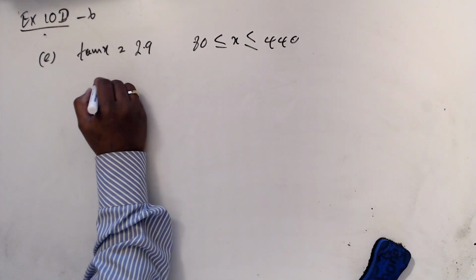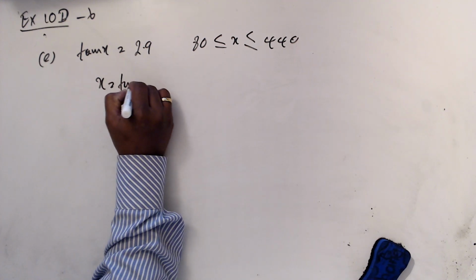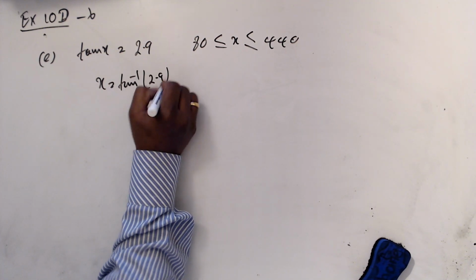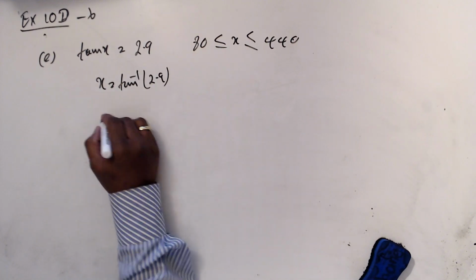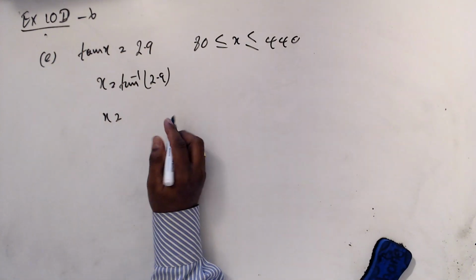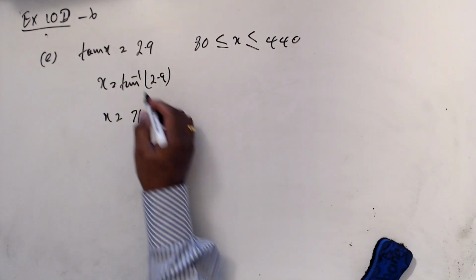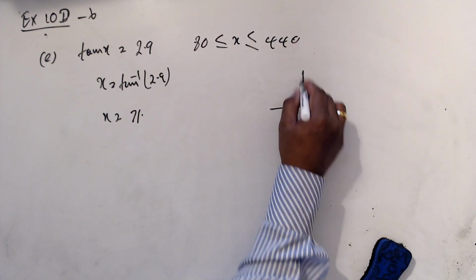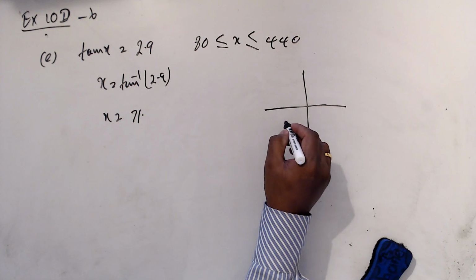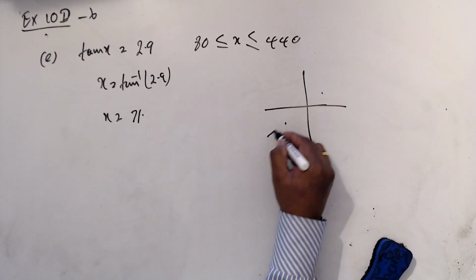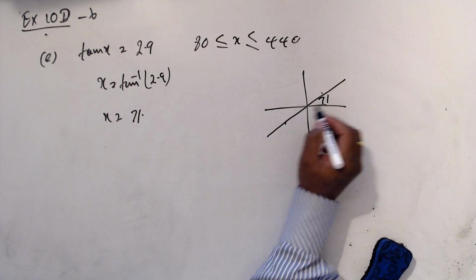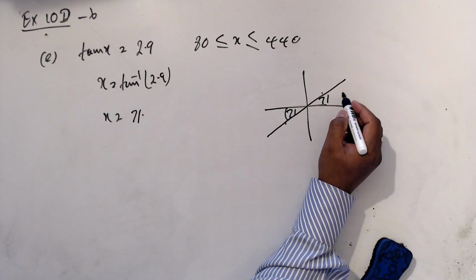Tan x equal 2.9, x equal tan inverse 2.9. So the angle is 71. Tan is positive on third and first. This is 71 and this is 71.